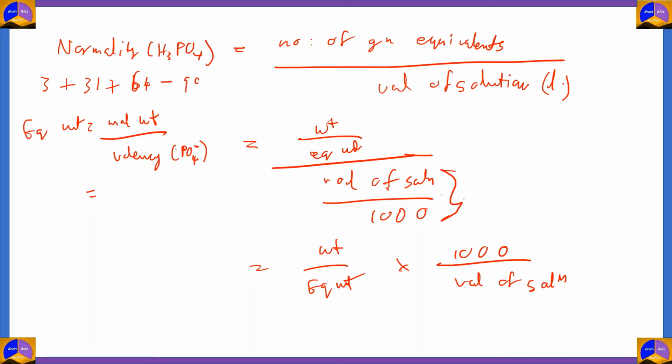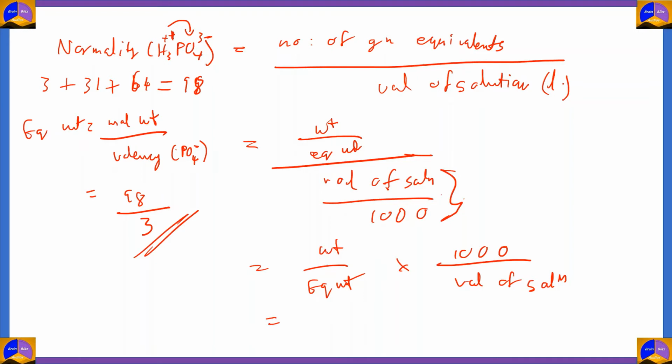So again, we get 98. So that is 98 divided by, since we have 3 H's and H has a valency of +1, and we know that the total valency of H3PO4 is 0 because it's neutral. So then we can conclude that PO4 has a valency of 3 minus. So 98 divided by 3. The equivalent weight will be 98 divided by 3.